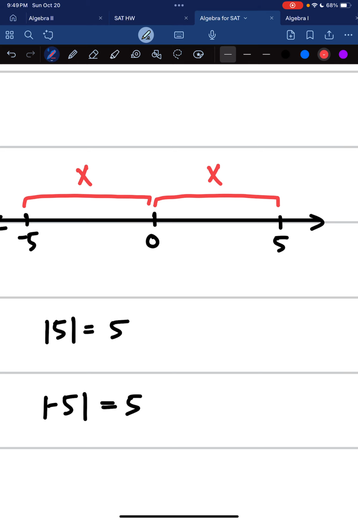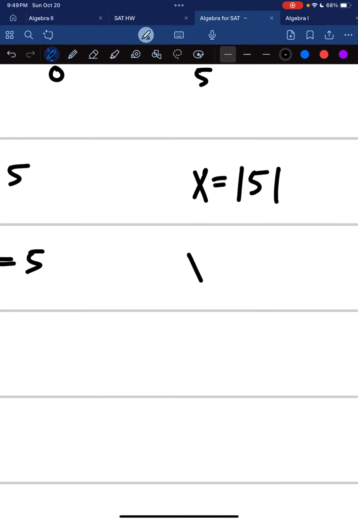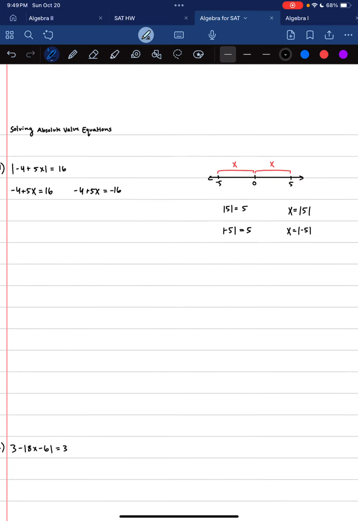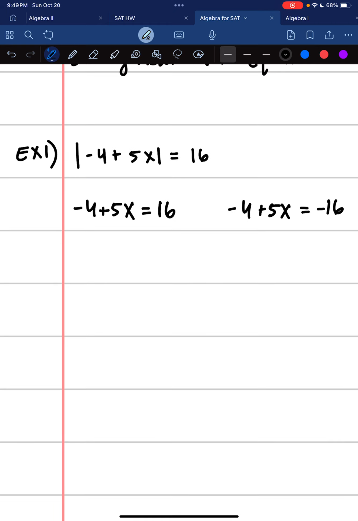So if you wanted to solve this, then you would say that x equals 5 and also x equals negative 5, right? That's why we're going to set our absolute value equations to two opposite signs. All right, so we have negative 4 plus 5x equals 16 and negative 4 plus 5x equals negative 16.